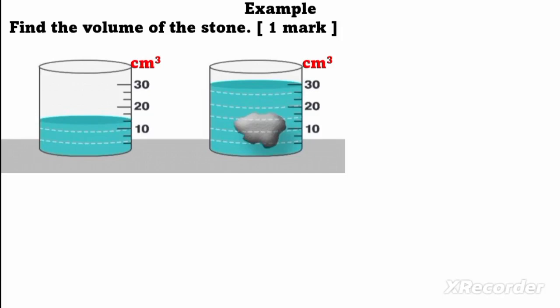We have an example here, and it is saying find the volume of the stone. It is carrying 1 mark. When we are using the displacement method, we use liquid. The volume of the liquid is 13.35 cubic centimeters.